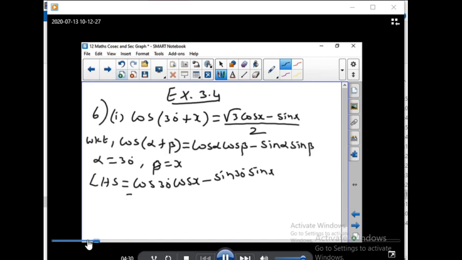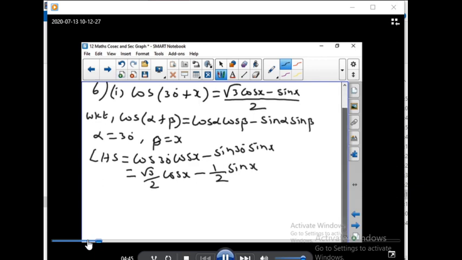We know the value of cos 30: cos 30 is root 3 by 2 into cos x, minus sin 30 is 1 by 2, 1 by 2 sin x. Now taking LCM, 2 is the LCM, so we have (root 3 cos x minus sin x) by 2, which is the right hand side, hence proved.